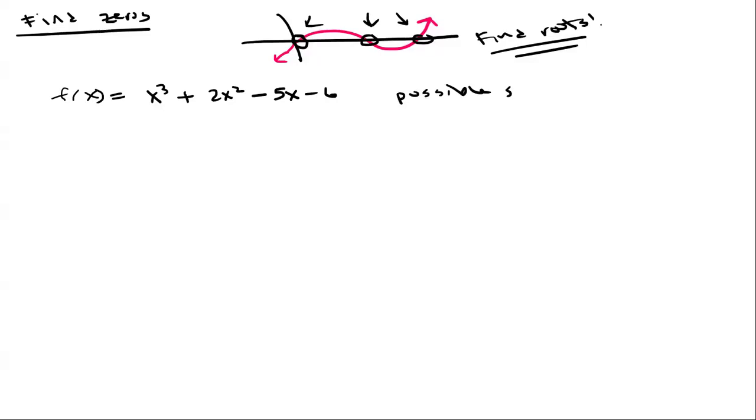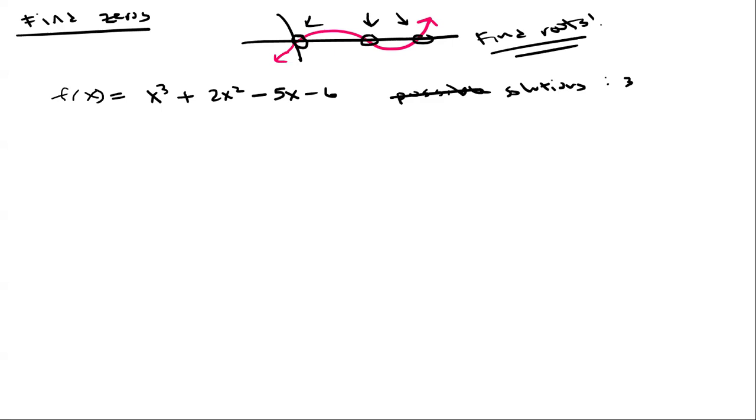Well, we look at the leading term and we have a power of 3, right? So before we even do this, we know we should have 3 solutions, because we will have several possible solutions and only 3 of them are going to work. There should be 3 solutions.